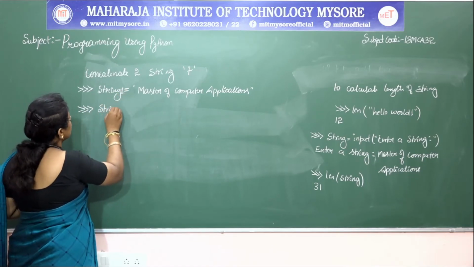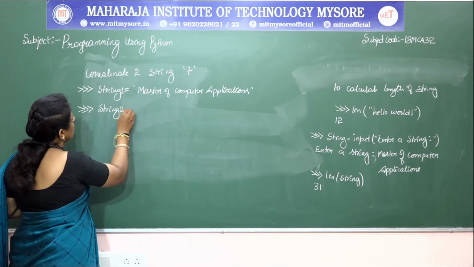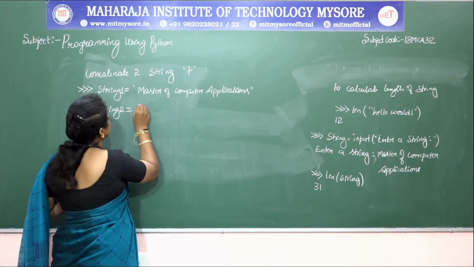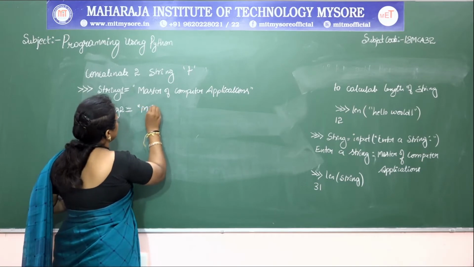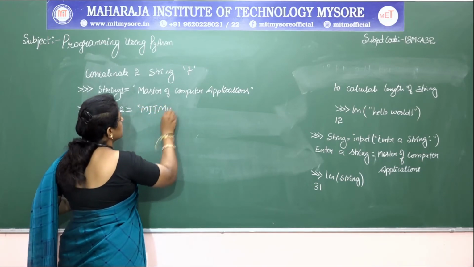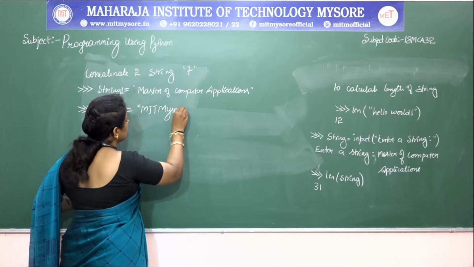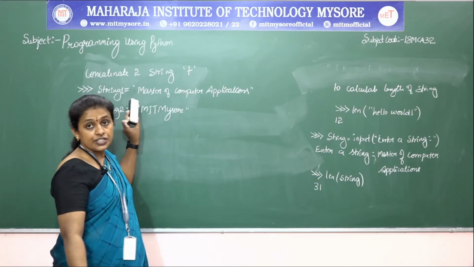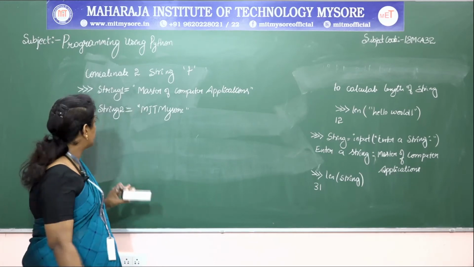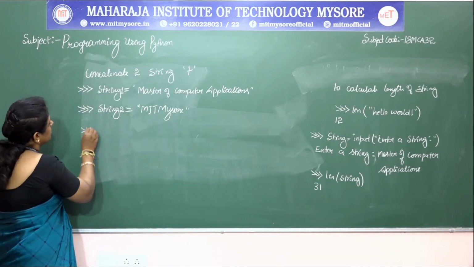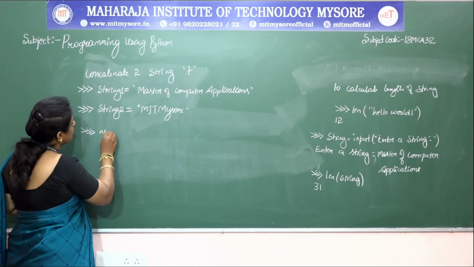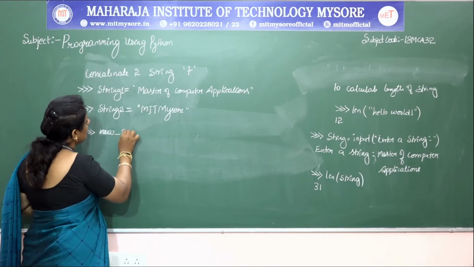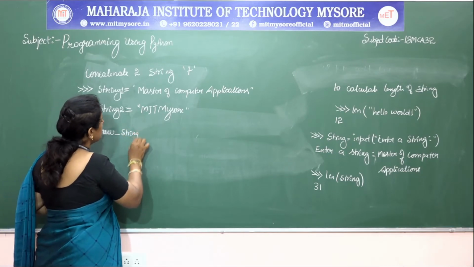Next, take another string, let's take string 2. In string 2, the value is MIT Mysore. I need to add these two strings, string 1 and string 2. The concatenated value will be stored in a variable called new string.